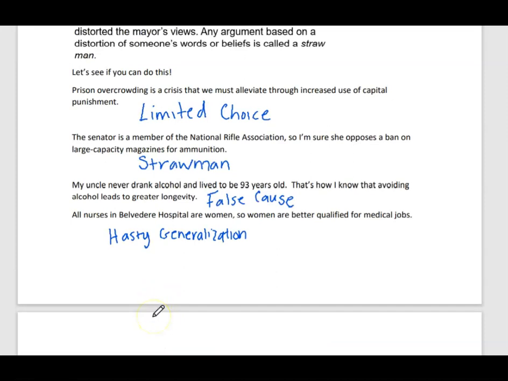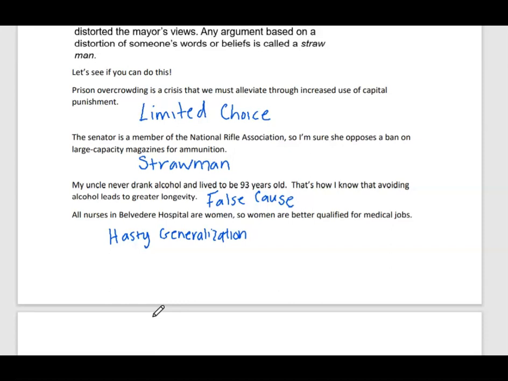Prison overcrowding is a crisis that we must alleviate through increased use of capital punishment. Well, is that the only choice we have? That's a pretty far out there statement. I'm sure there are probably some other choices we have.